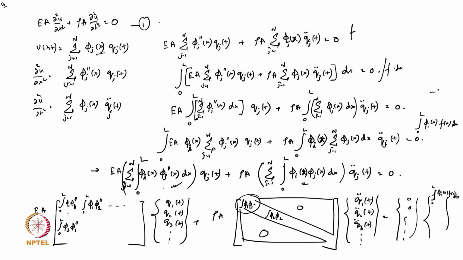We have boundary conditions that I have not written here, but obviously we have them, and you have to satisfy the boundary conditions for calculating phi(x), because you cannot take something which does not satisfy the boundary conditions. You have to take a phi(x) which will satisfy them.